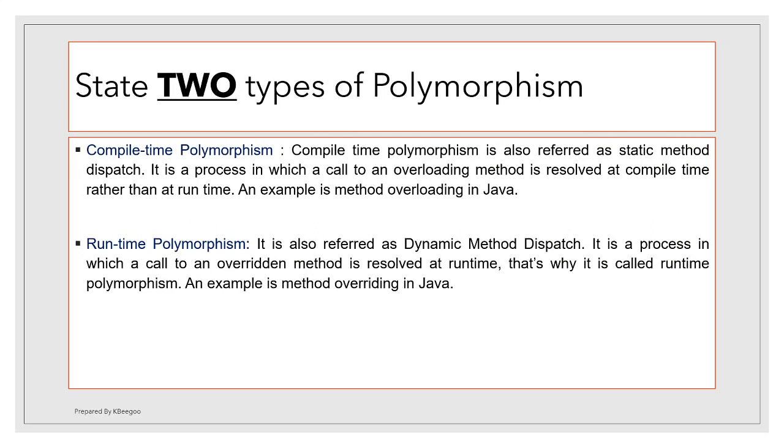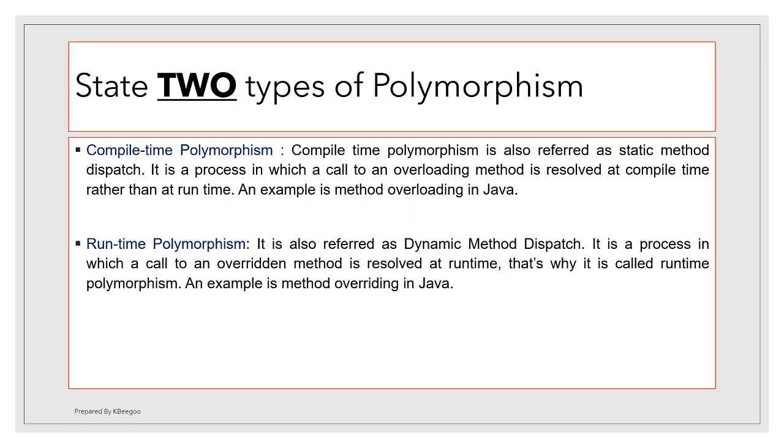Now, there are two types of polymorphism. We have compile time polymorphism and runtime polymorphism. Compile time polymorphism is also called static polymorphism or static method dispatch, and method overloading is an example of compile time polymorphism.